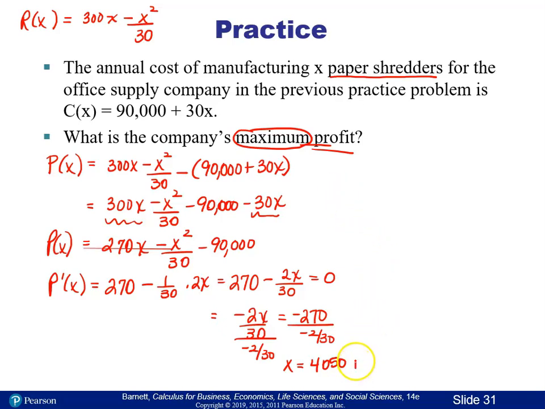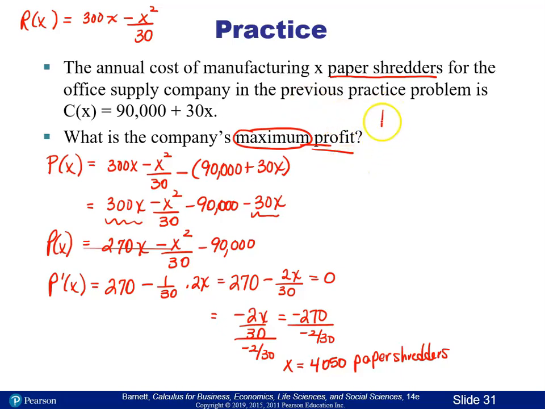Okay, and so that's going to be the number of paper shredders that's going to actually maximize the profit. So it's possible to maximize revenue and not be maximizing profit, because you need to take into consideration that cost equation. So that's why your maximum profit may not occur where the maximum revenue occurs.